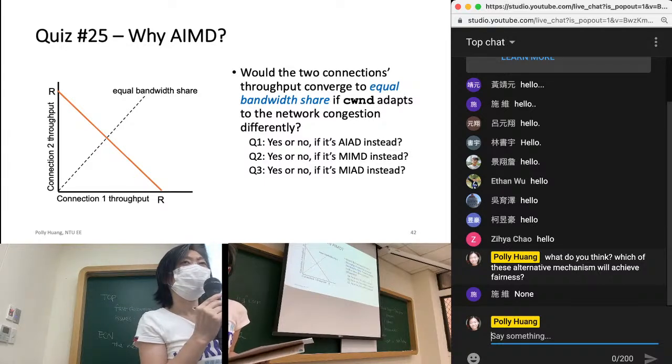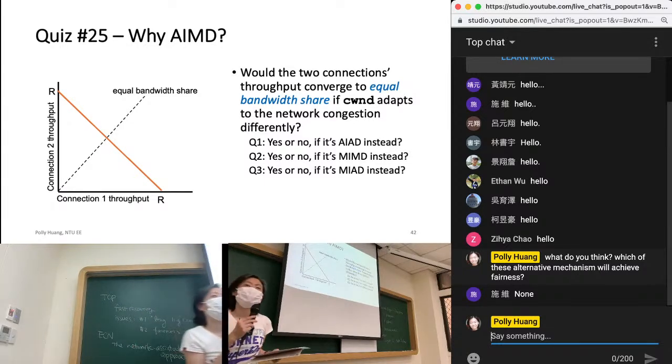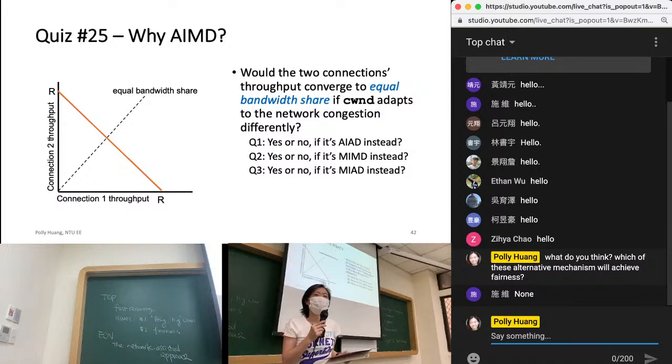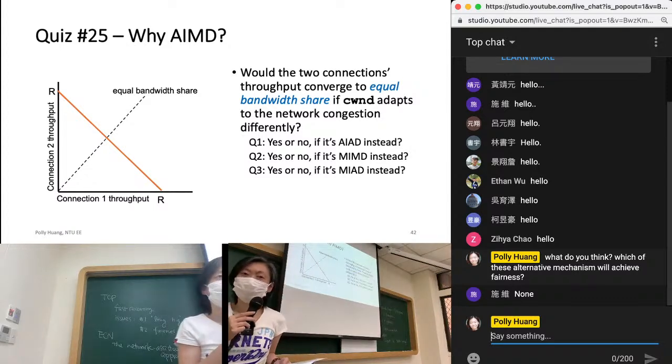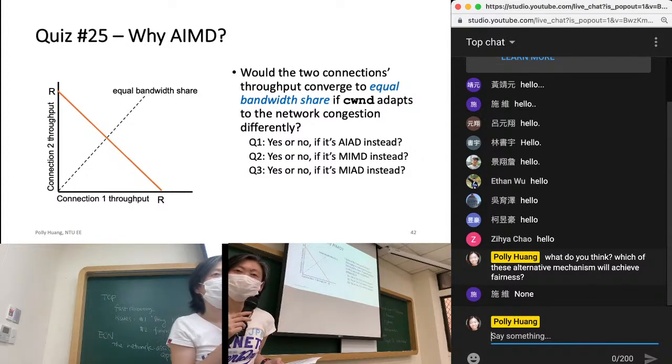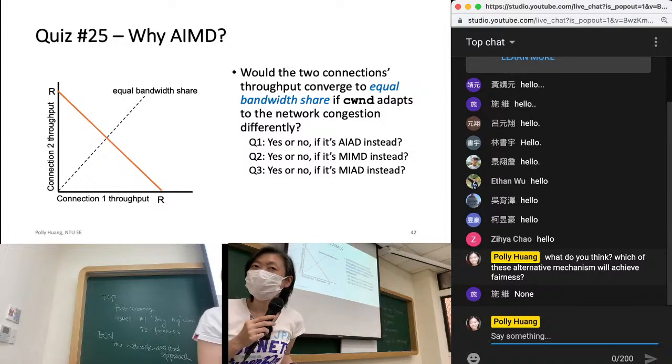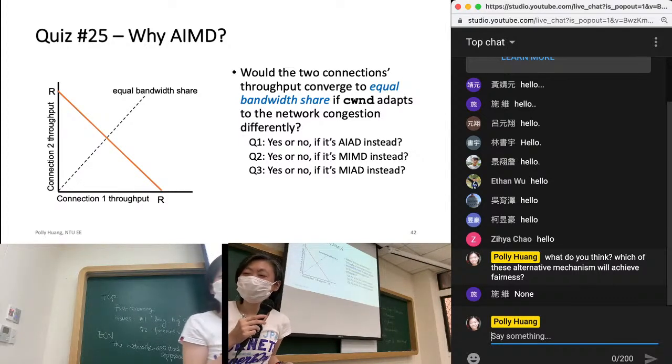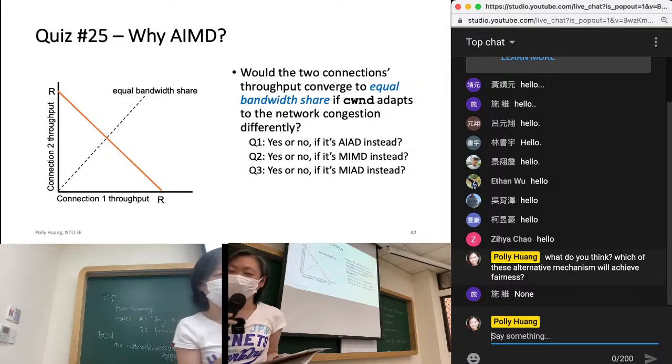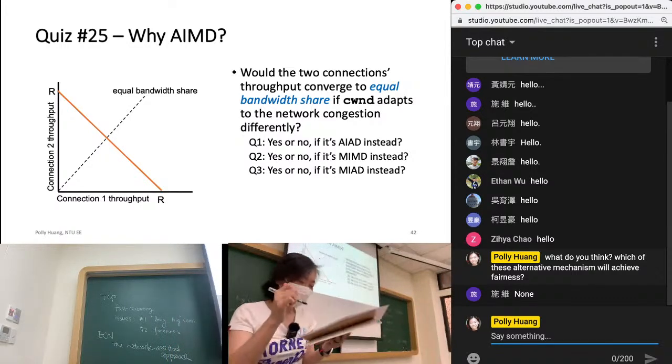MIMD, I think it is the line connected to 0,0, and it will move on this line only. For the MIAD, I think probably yes. Interesting. Any alternative thoughts?